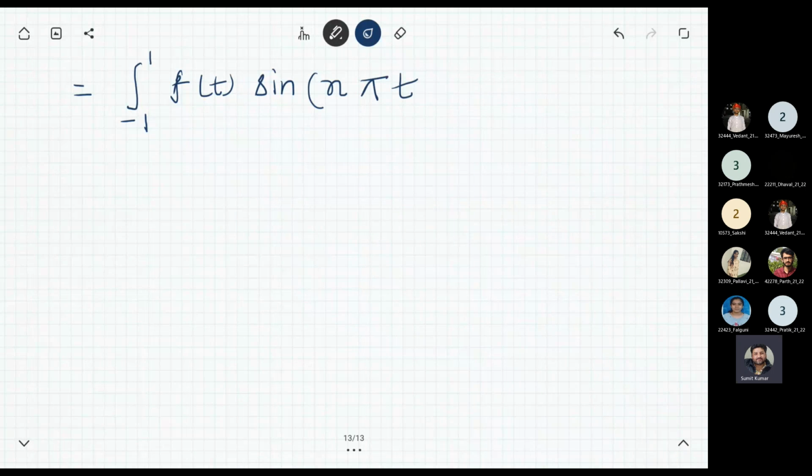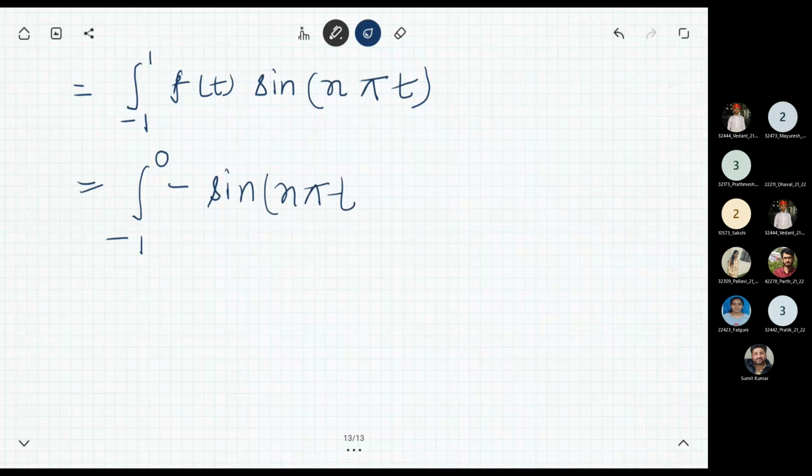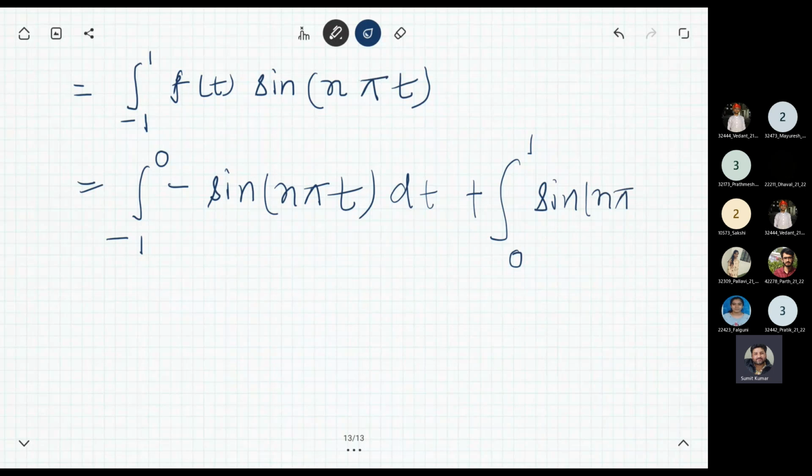So f(t) is minus 1 between minus 1 to 0. So from minus 1 to 0, we will be integrating minus sin of n pi t dt. And from 0 to 1, f(t) is 1, so then sin n pi t dt. Now the next thing that we are going to do is this.